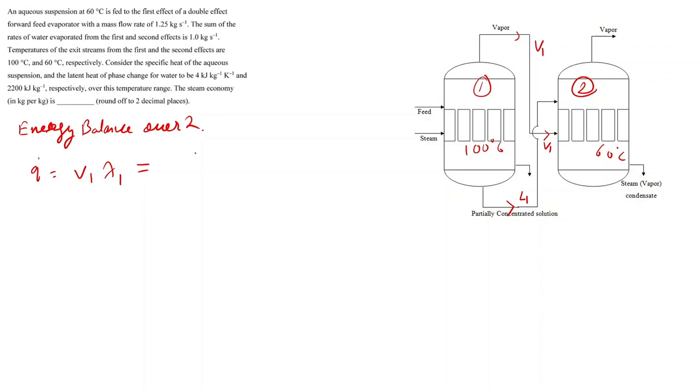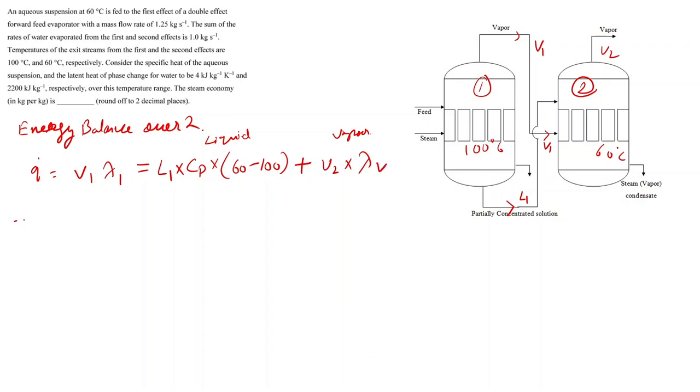So we can write it as L1 into Cp into, now the temperature difference will be 60 minus 100, plus, this was for liquid, and now we have to write it for vapor. The vapor generated here will be V2 into lambda.